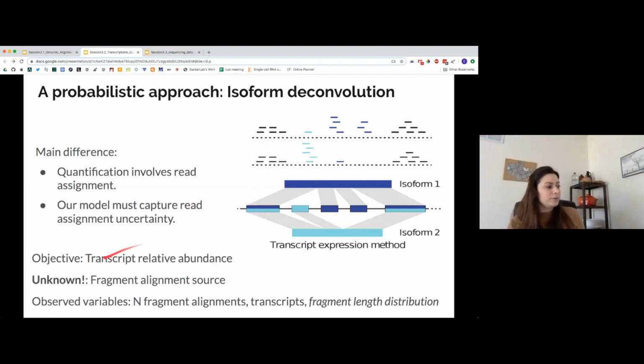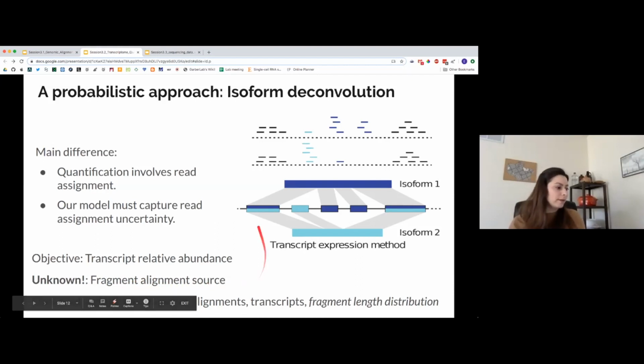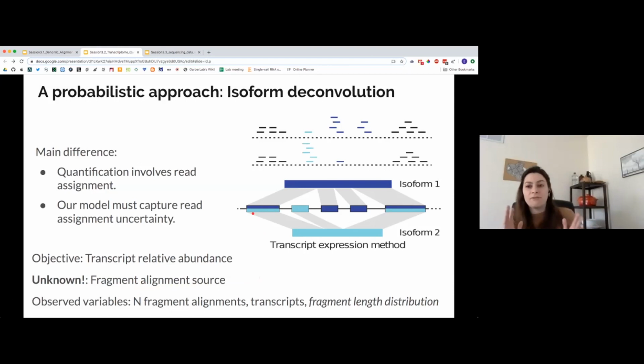All right, so your objective is to get the transcript relative abundance, not the gene level, but the transcript level. And you don't know where that alignment actually came from. What you do know is that you have a certain number of fragment alignments. You know the actual transcripts that should be there, and you also know the fragment length distribution.